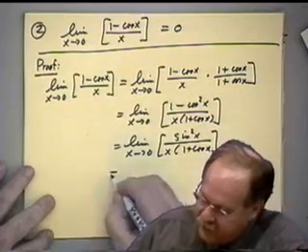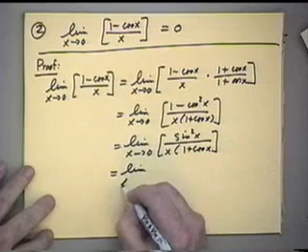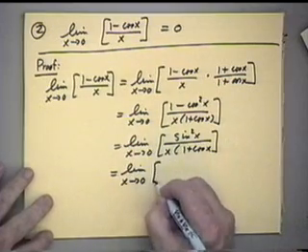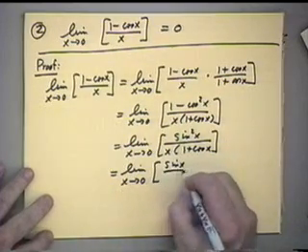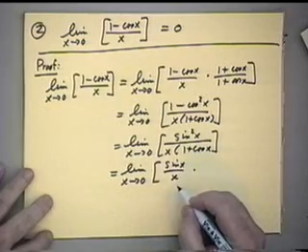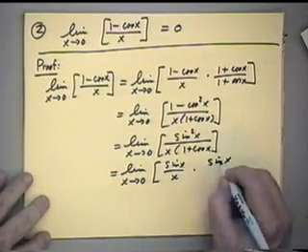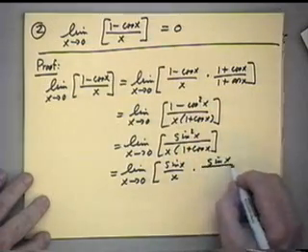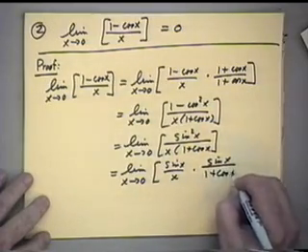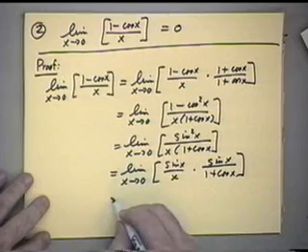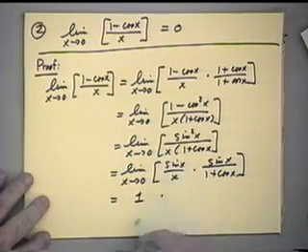And then all I have to do is tease that apart and write the limit as x approaches 0 of sine x over x, which is a limit I just figured out. And then what's left? I have a sine x left because it was sine times sine for sine squared. And on the bottom, 1 plus cosine x. Well, the first part goes to 1 by the previous work.